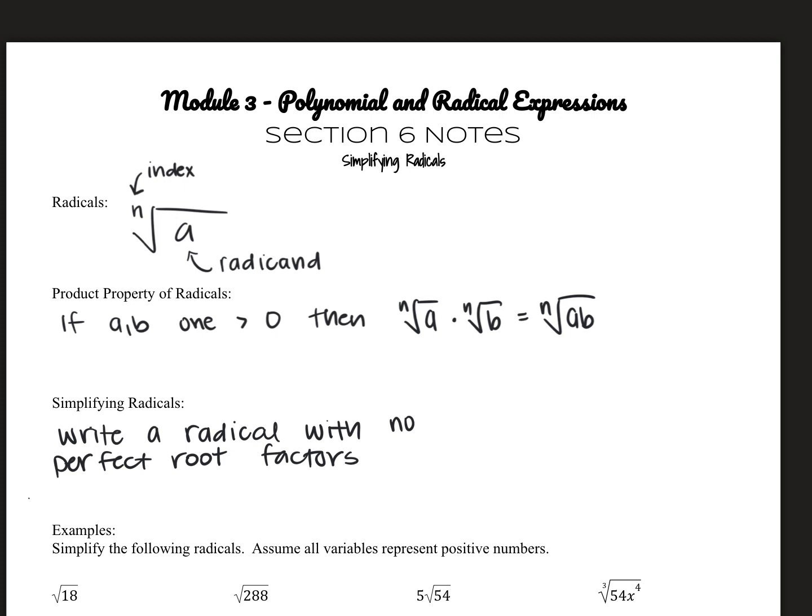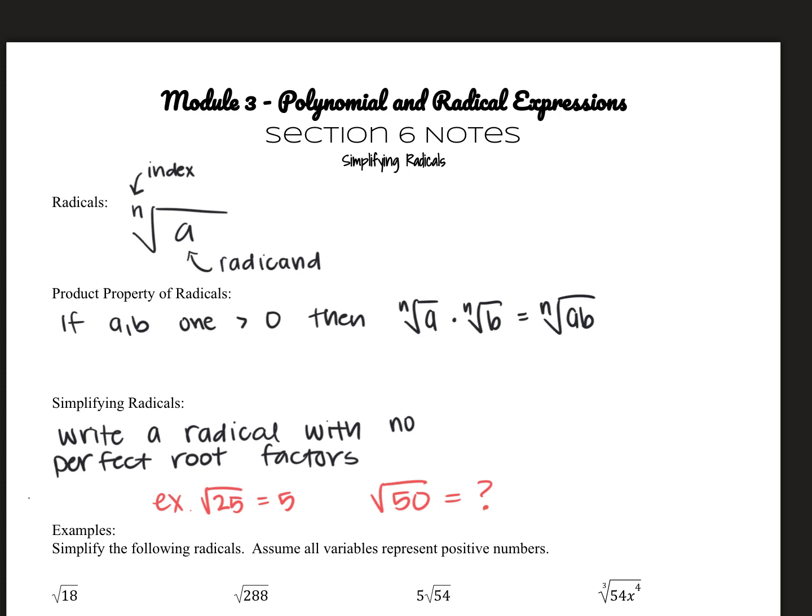For example, we know the square root of 25 is 5. But that's not what's called simplifying a radical. That's taking a square root, or taking a root. What we don't know is the square root of 50. If I were to plug the square root of 50 in my calculator, it would give me a decimal.